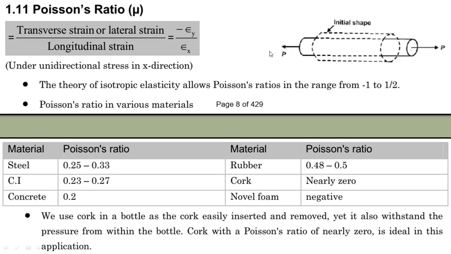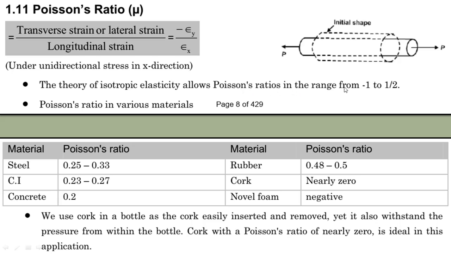So lateral strain or transverse strain to the longitudinal strain is called Poisson's ratio, that is mu, that is minus epsilon y divided by epsilon x under unidirectional stress in x direction. So it is the ratio of lateral strain to the longitudinal strain, and as lateral strain is negative in this case, that's why it is negative. The theory of isotropic elasticity allows Poisson ratio in the range of -1 to 1/2.